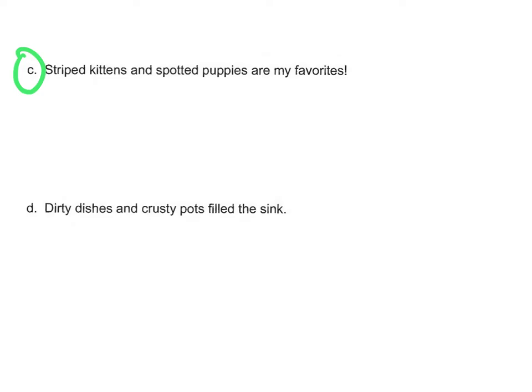Who or what is this about? Kittens, puppies. So we have simple subject sub 1, simple subject sub 2. What do they do? Well, they exist as. They are. That's a linking verb. They are what? My favorites. They're my favorites. This is predicate nominative.